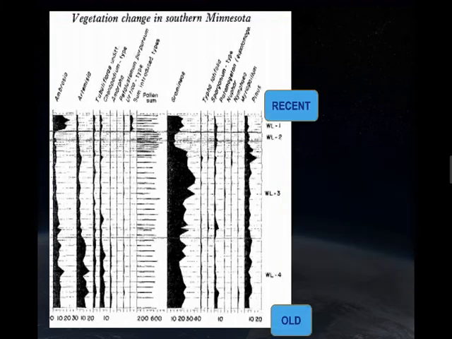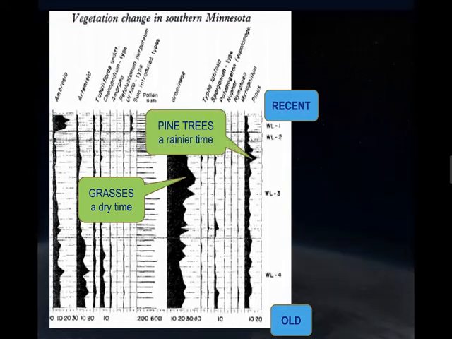The graph goes from relatively old to fairly recent, and we know that there were a lot of grasses around here, and that suggests that that was a particularly dry time. Then when there were a lot of pine trees, a lot of pine pollen, it might have been a rainier time. Or you just had one big pine tree right next to the lake.